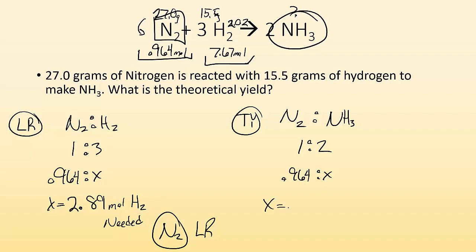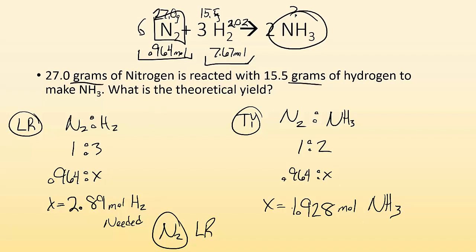If I do that, my X is going to equal 2.89. I think. Did I do that right? No, I didn't. Sorry, wrong one. Ignore that. 0.964 times 2 gives you 1.928 moles of NH3.